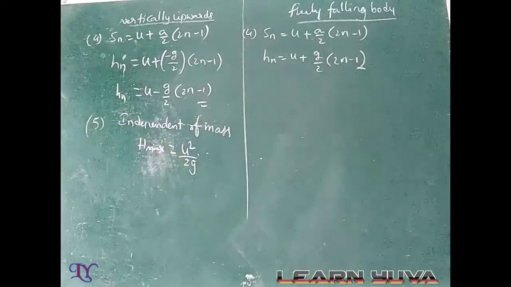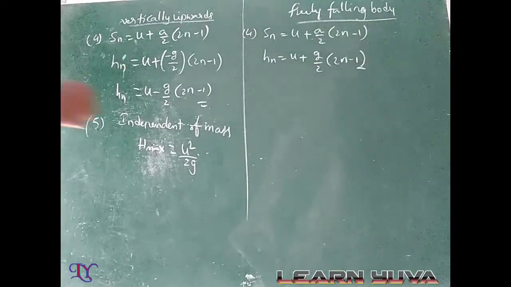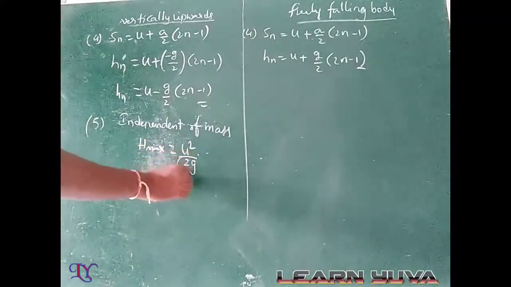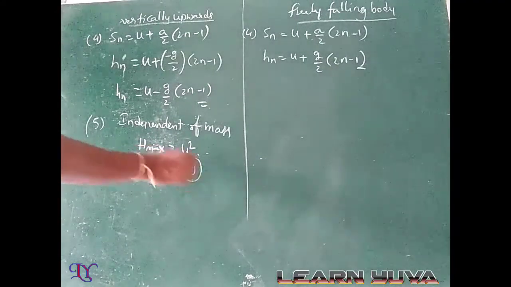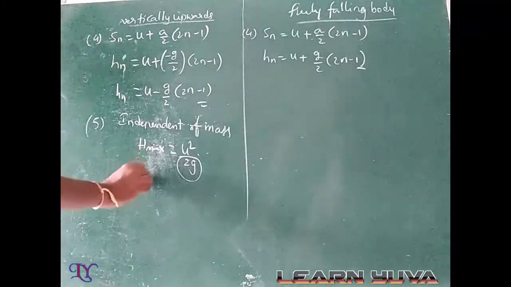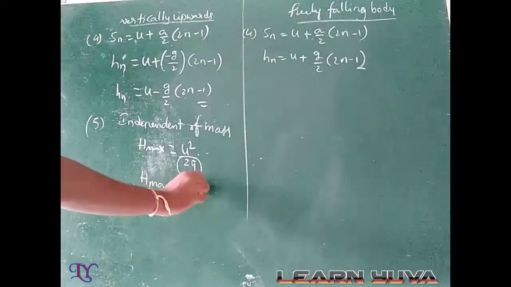So if two bodies are given, and the bodies are traveling in a certain path and reaching some maximum height, and you are asked to find either u or h for the two bodies, here g is constant, so h is directly proportional to u square.